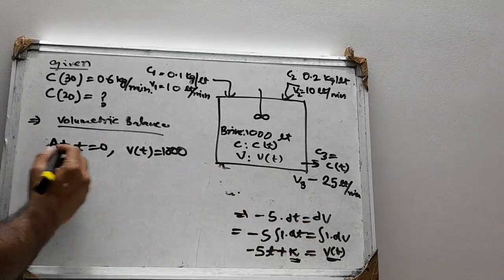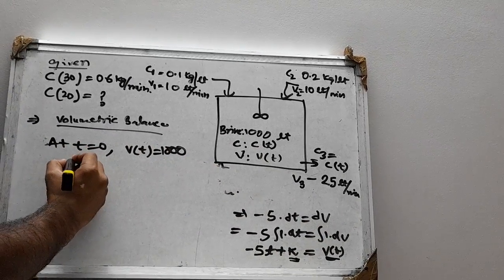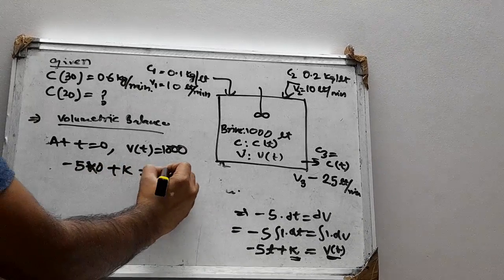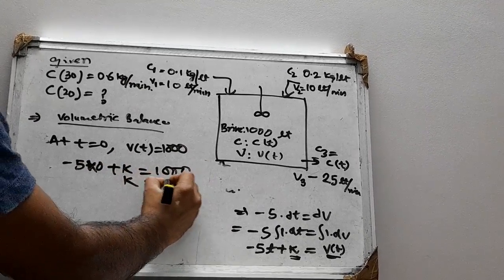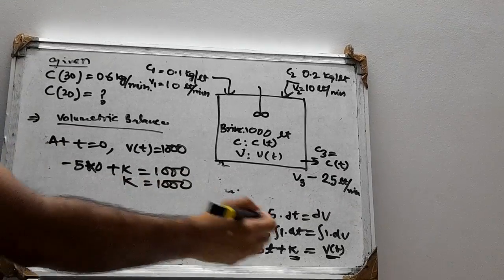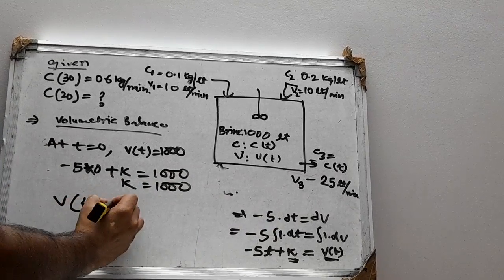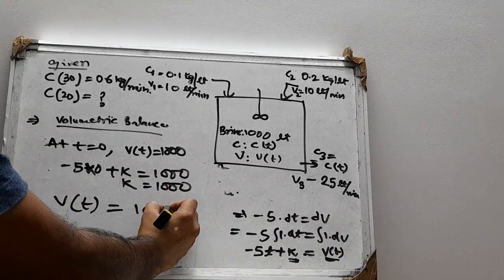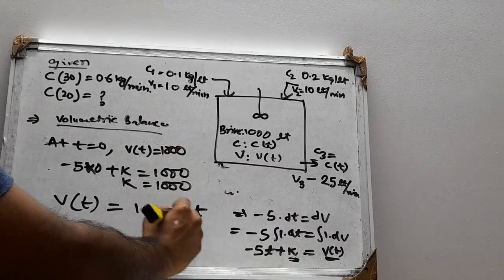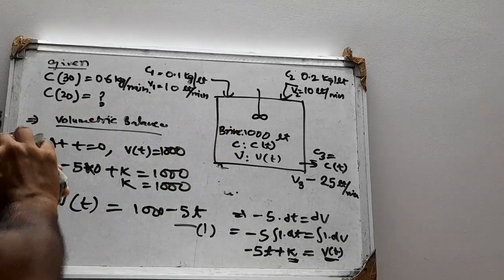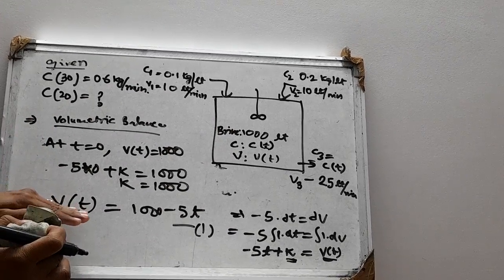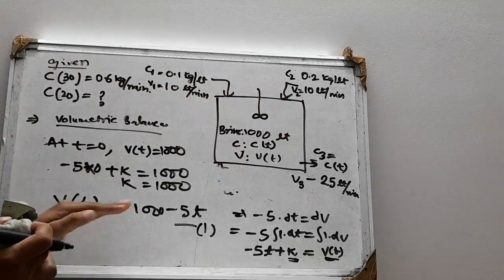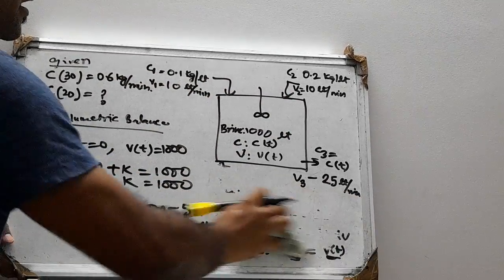So minus 5 into 0 plus k is equal to 1000, so k is equal to 1000. Now we get the equation for V(t) in terms of time, that is 1000 minus 5t. This is our first equation, which shows the change of volume of brine in the tank with respect to time.